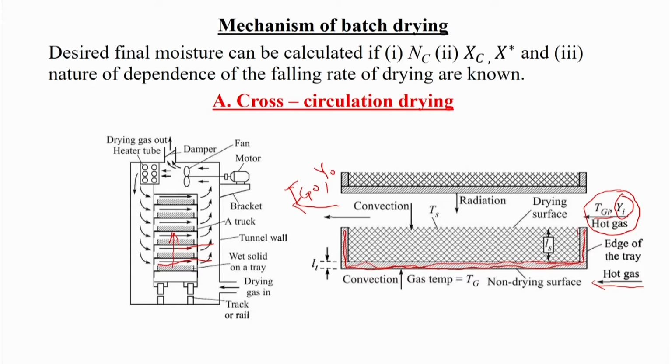Another is convection, which takes place from the open space above the tray, and radiation will take place from the other tray. During the flow of the hot gas, another tray is placed above this tray, so radiation takes place from there. So, these three modes of heat transfer take place: conduction, convection, and radiation from the other tray, which is placed just above the tray under consideration.